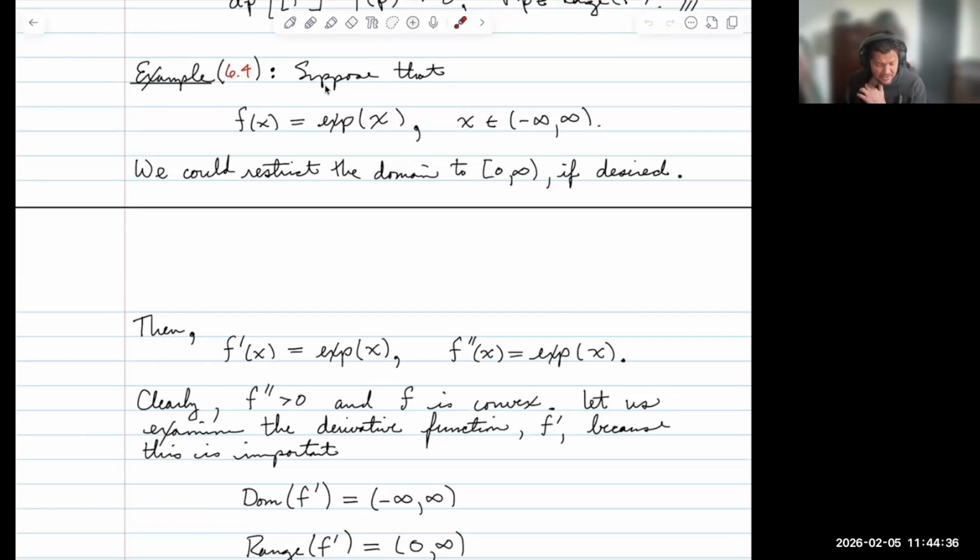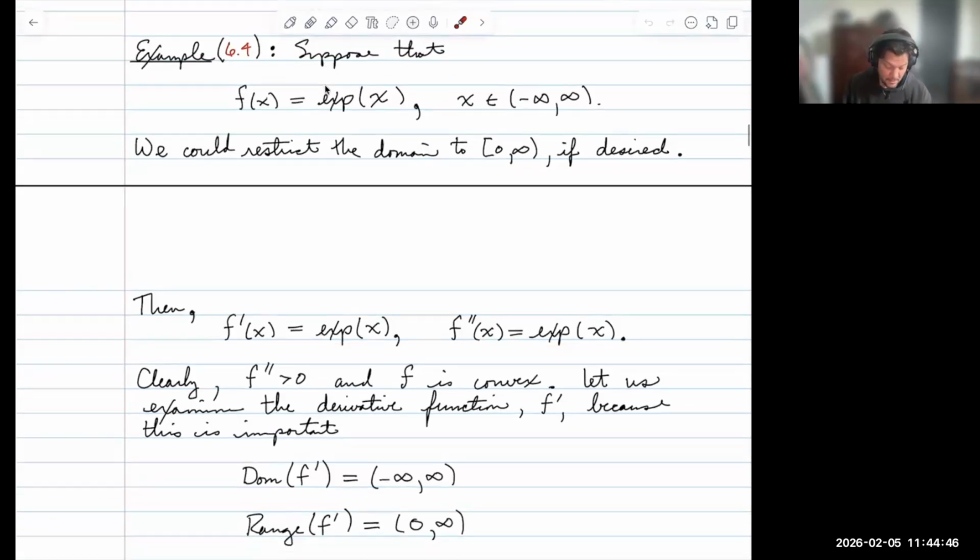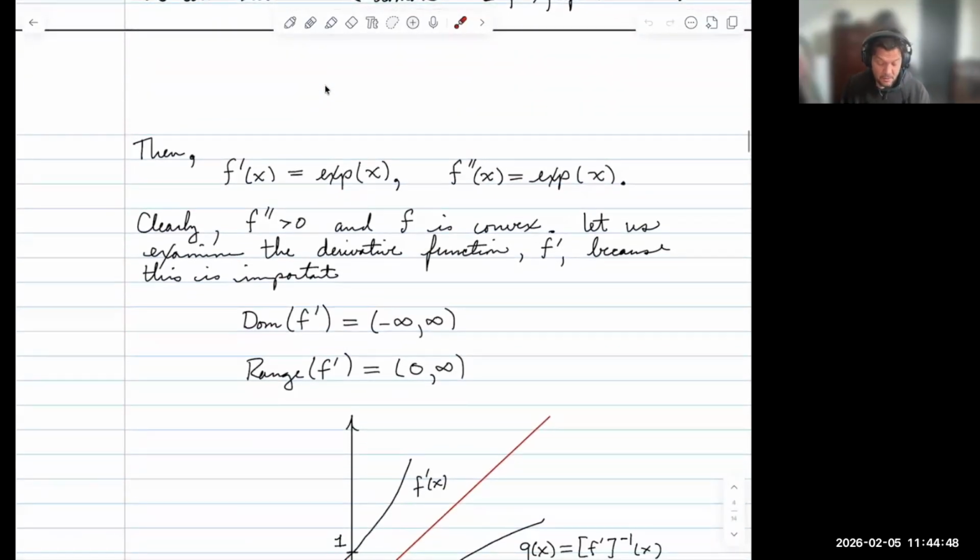This is easy because the first and second derivatives are the same as the original function. The first derivative is e to the x, the second derivative is e to the x. Both functions are, of course, positive. The second derivative is the one that we're most interested in, and that, of course, is a positive function. And so f is convex.